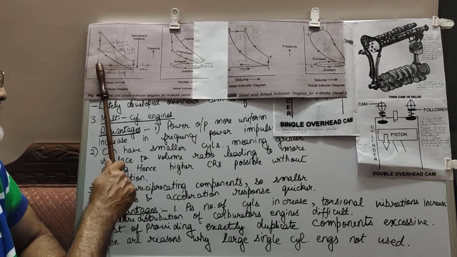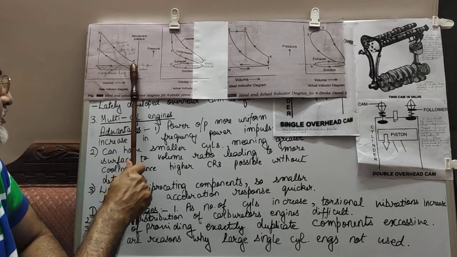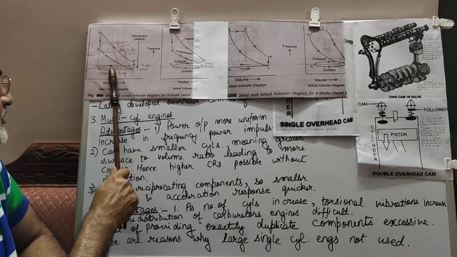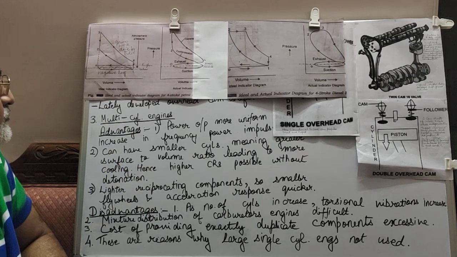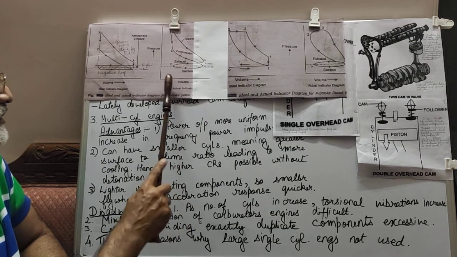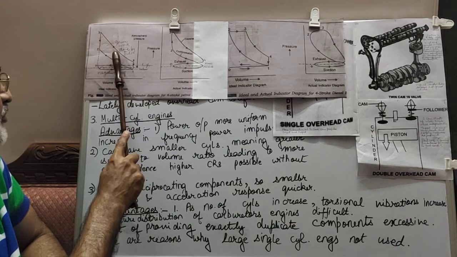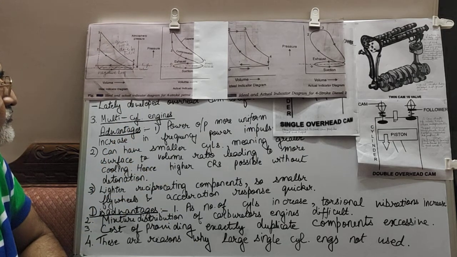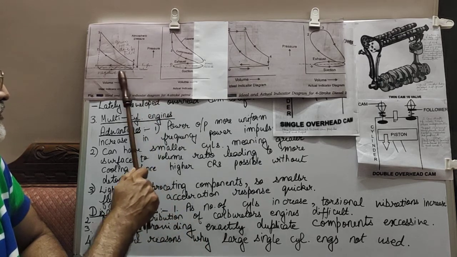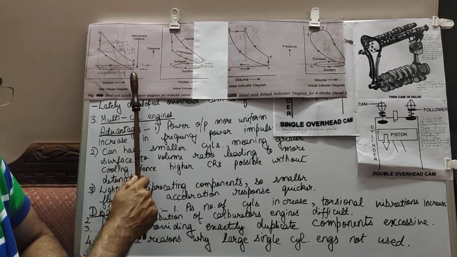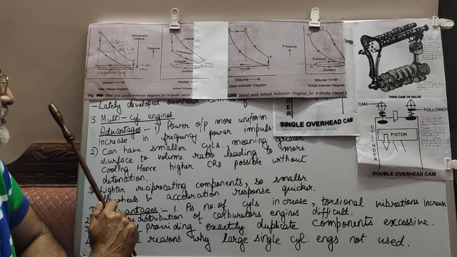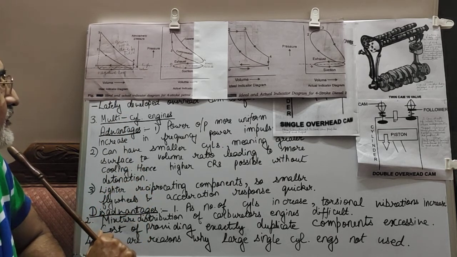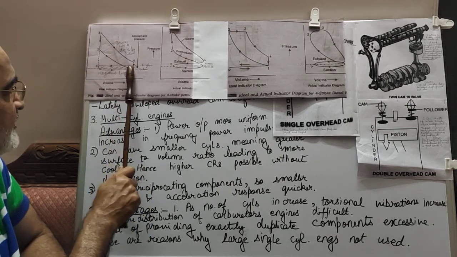Which is the negative power? This is negative power. So the net work would be this area minus this area, because in this area it's only induction and exhaust. There is no useful work being done. That's why it is subtracted. This is the atmospheric pressure line.